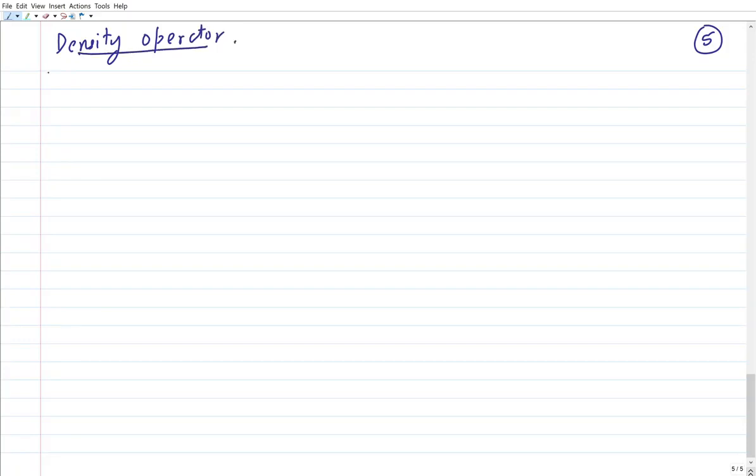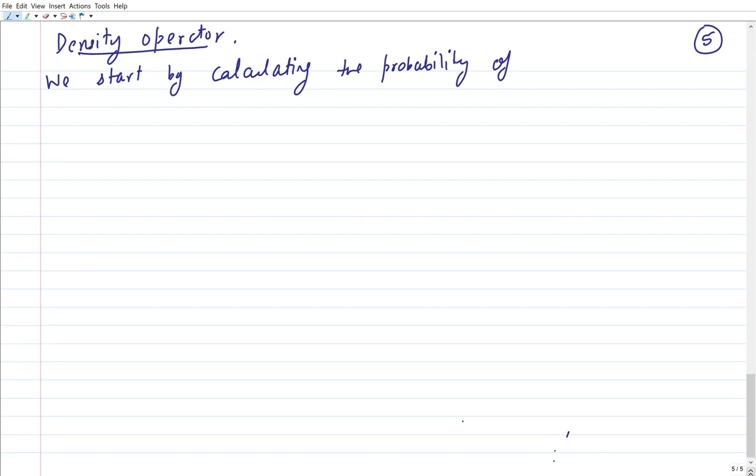And the idea is we start by calculating the probability of measurement outcomes for the state coming out of the black box.